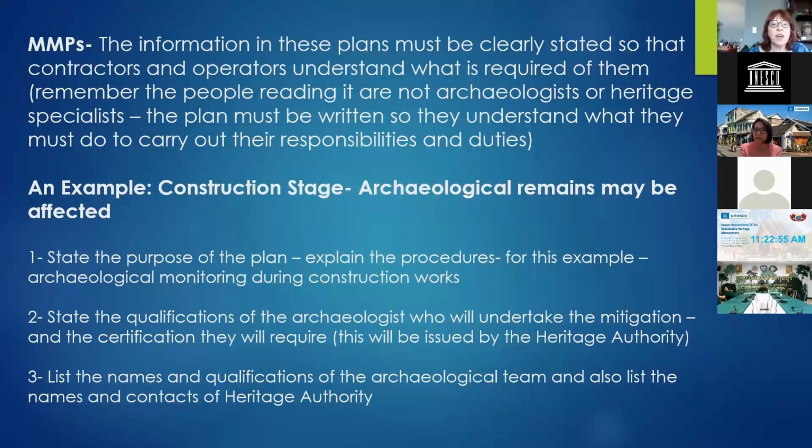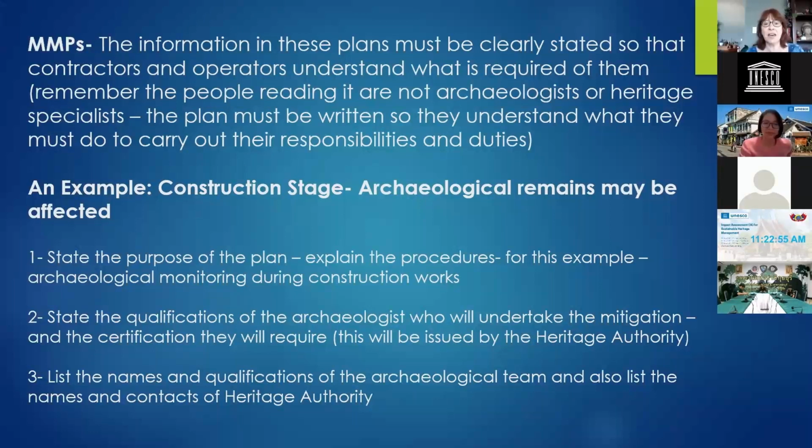So first of all, you have to state the purpose of the plan and explain the procedures, for this example, archaeological monitoring during construction works. Secondly, you have to state the qualifications of the archaeologist who will undertake the mitigation and the certification they will require. This could be issued by the Heritage Authority. If you are a project proponent or a developer and you need an archaeologist to come and do the monitoring, you will want to ensure that person is qualified to do it.